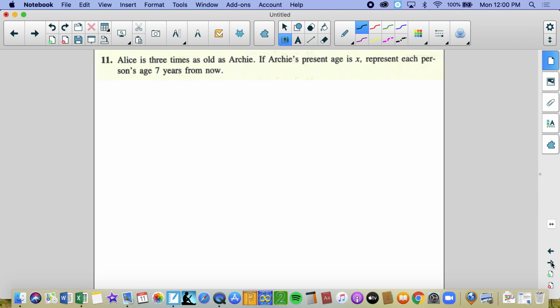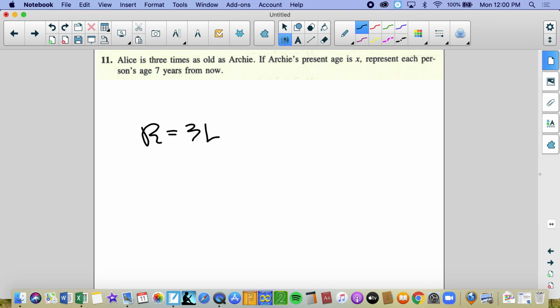Well, here's our first word problem. Alice is 3 times as old as Archie. So if Archie is R years old, then Alice, we'll use an L. We can't use A because Archie and Alice both start with A. So if Archie is R years old, then Alice is going to be 3 times that.